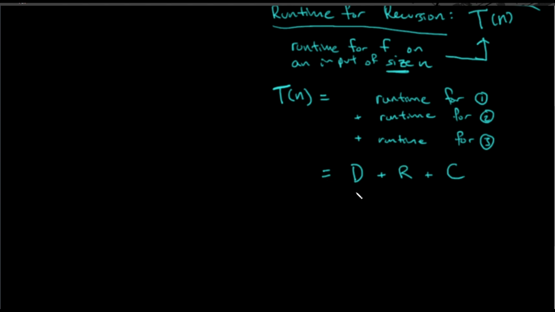And so what I mean by that is that D stands for divide, which is the runtime for step 1. R stands for recurse, in other words, the runtime for step 2. And C stands for combine, the runtime for step 3. This formula means the exact same thing as that formula. It's just another way of writing it.